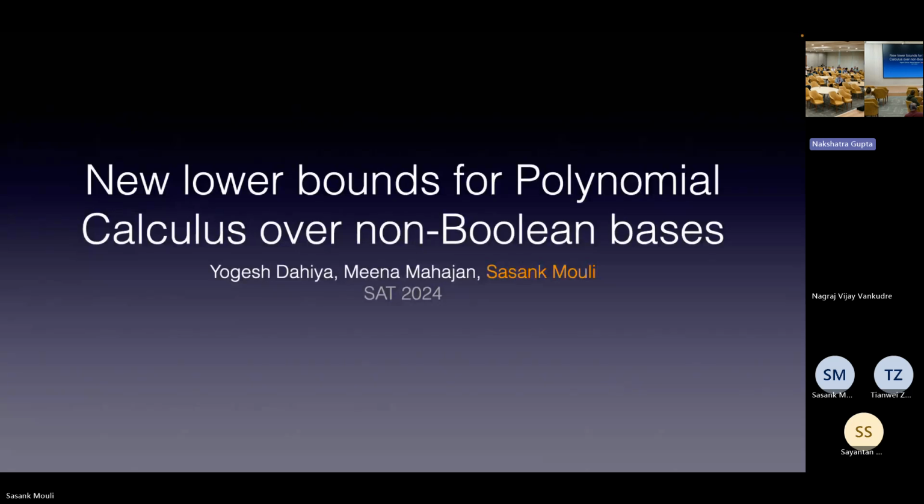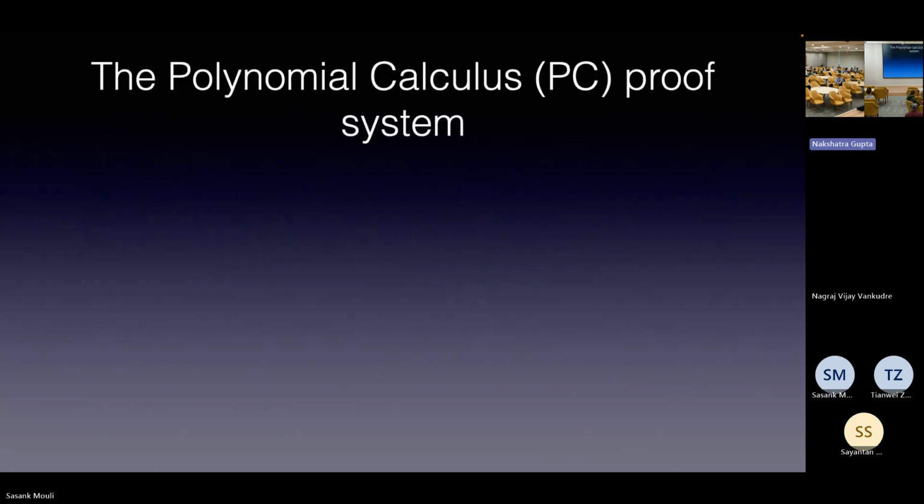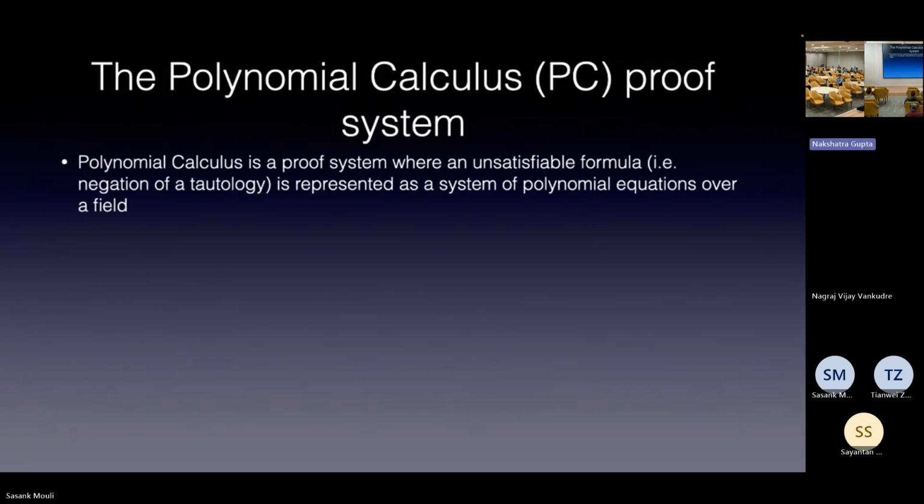Okay. Before we begin, here is a quick overview of what this polynomial calculus proof system is. Polynomial calculus is a proof system where we are given, let's say, a tautology, a true Boolean formula, and we want to certify that it is indeed a tautology, or usually we are given the negation of that as an unsatisfiable formula, and we want to come up with a proof of a contradiction from this formula.